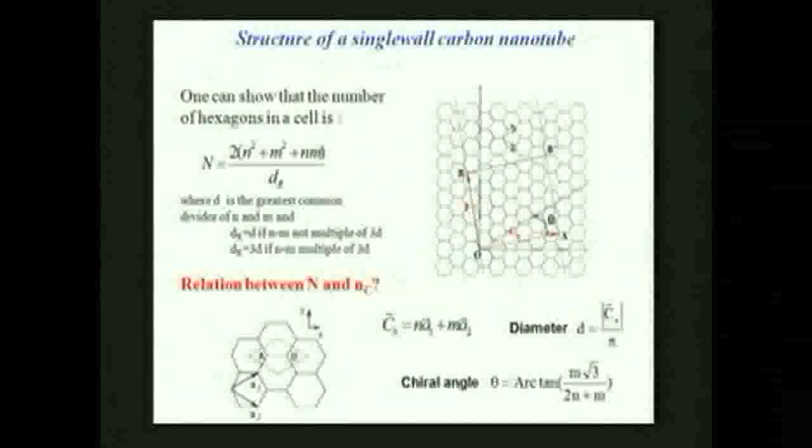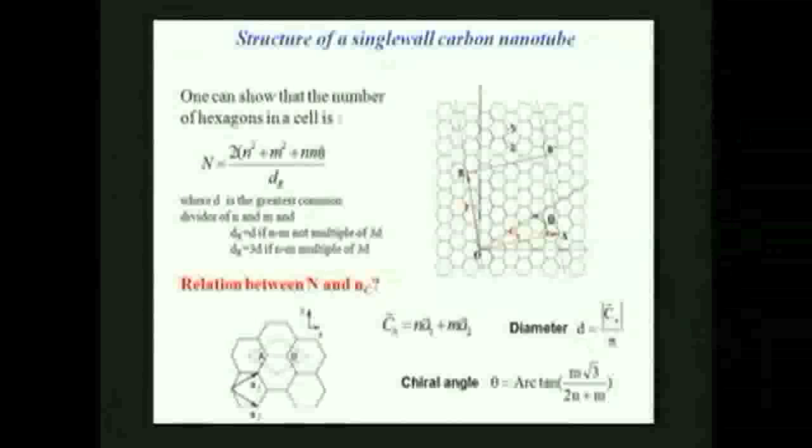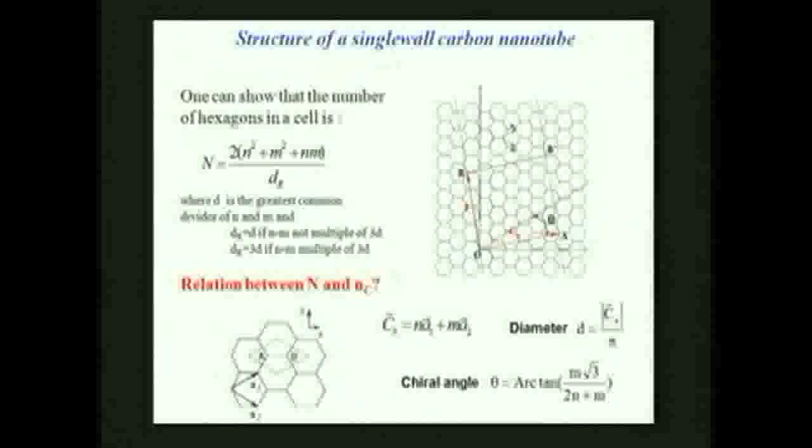So before starting that, I would like you to observe this part of the slide where we defined the unit vectors of the graphene sheet and where we define here one unit cell on the graphene sheet. So I would like you to tell me how many hexagons and how many carbon atoms you can find in one unit cell of graphene. So according to you, how many hexagons do you have in one unit cell? Maybe you can use your sheet to see that.